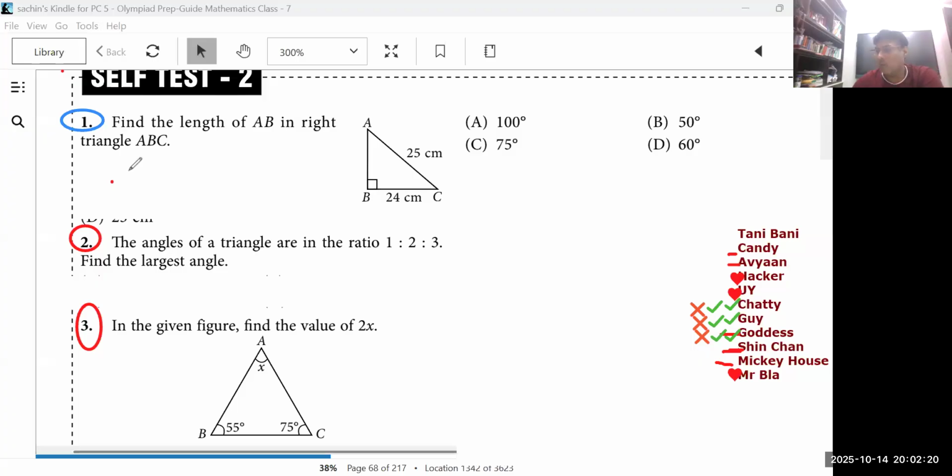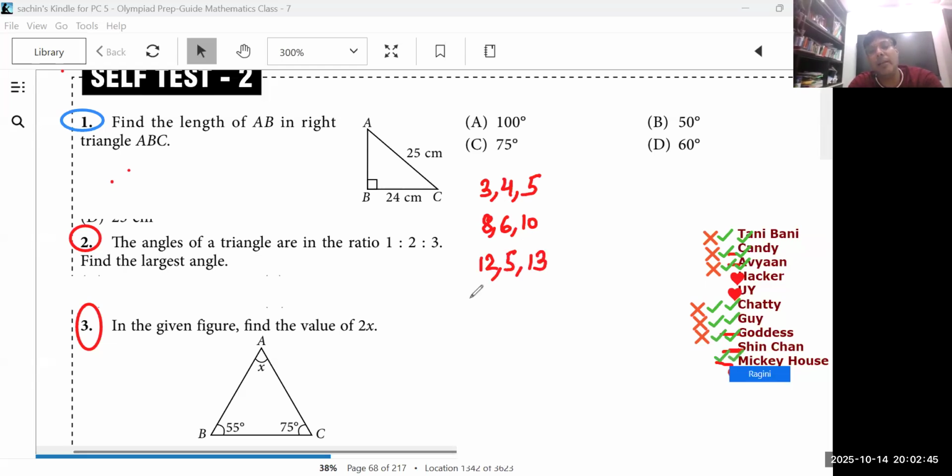Let's solve. So guys, what I want to tell you is that suppose 3, 4, 5, and then we have 6, 8, 10, and then we have 5, 12, 13, and then we have 10, 24, 26.